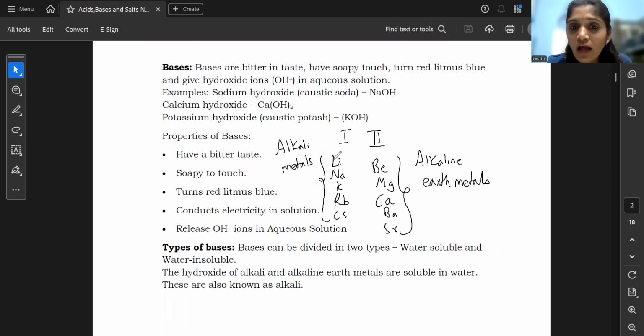Now when you take the hydroxides of these metals, if I take LiOH, NaOH, KOH, RbOH, cesium hydroxide, all these are hydroxides of alkali metals.